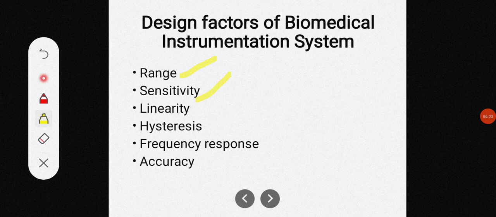Resolution is the minimum amplitude variation of that physiological parameter that can be accurately read by the biomedical instrument. So this is resolution. Now for a good instrument, the sensitivity should be high.